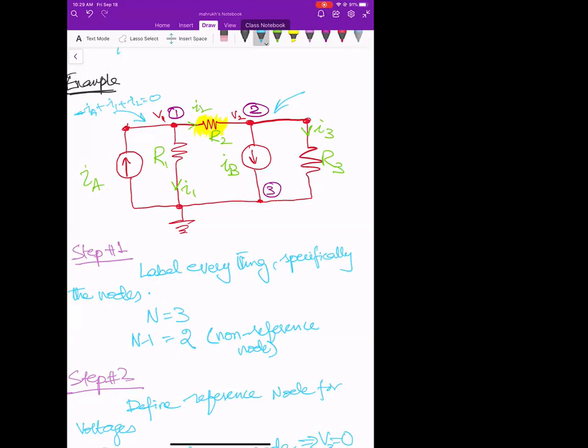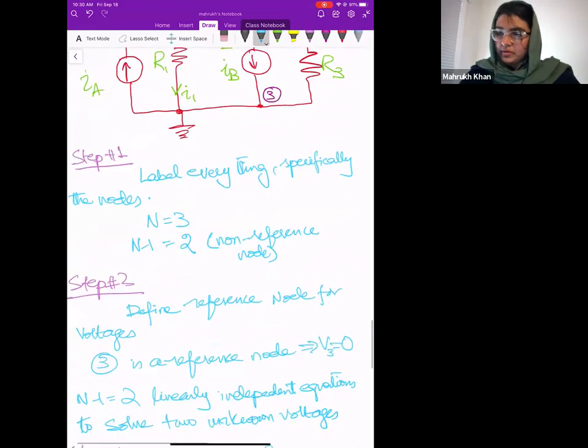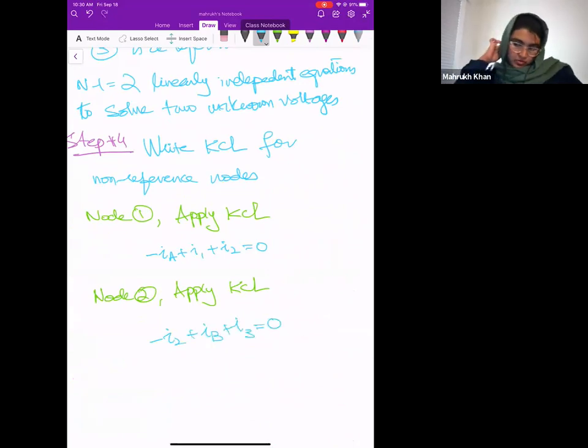Minus I2 plus I3 plus IB equals 0. Yes. So minus I2 plus IB plus I3 equals 0. Okay.